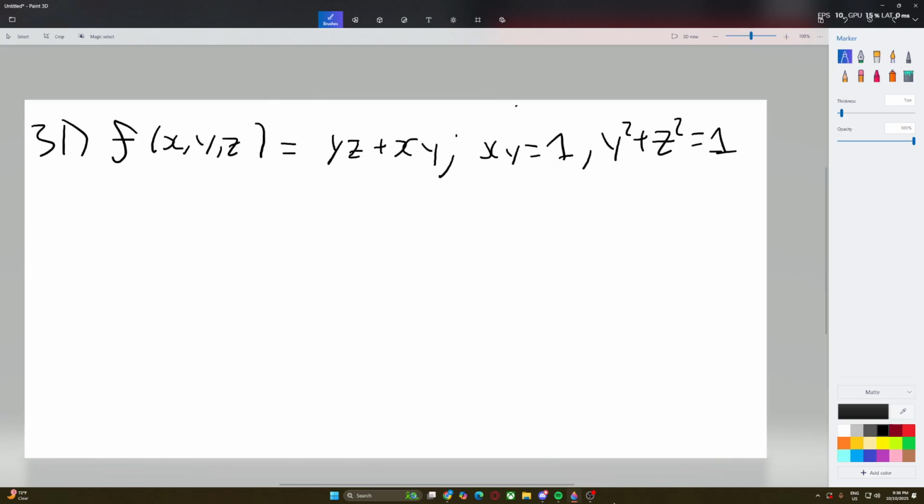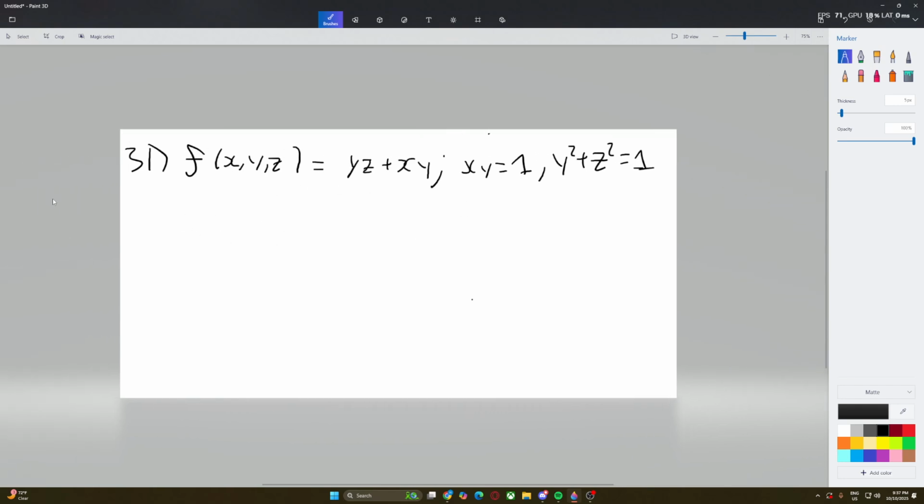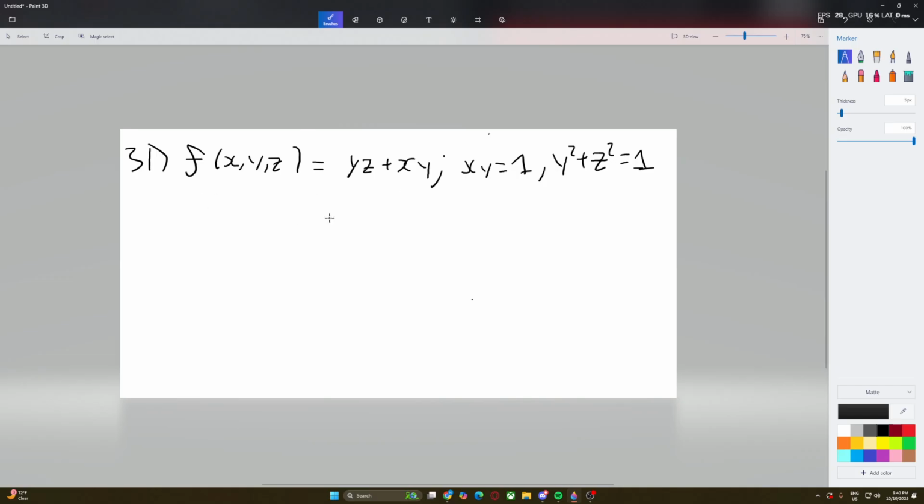Anyways, actually, I don't even know why I'm getting the partials setting it to 0 for Lagrange. But right now we're checking endpoints, so the answer is probably gonna be within those endpoints.